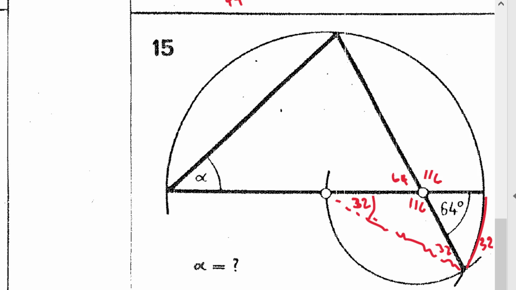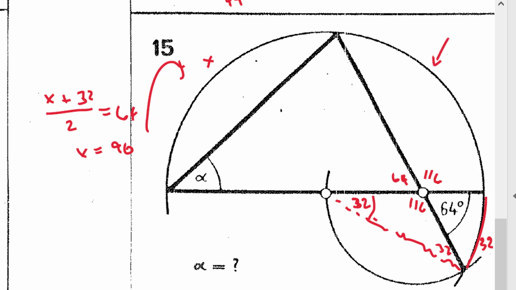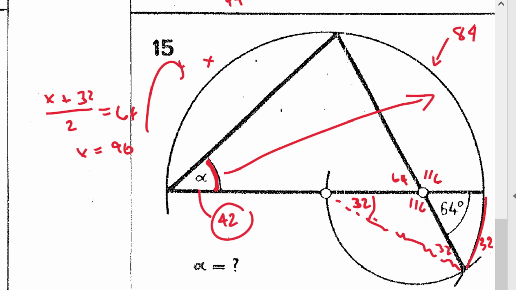Let's call this arc x. So it'll just be x plus 32 divided by 2 is equal to 64. So x ends up being equal to 96. That's going to be that arc. You know by subtracting from 180 that that's got to be 84. And then I know that this angle here, this alpha angle, is going to be half of that 84. So this must be 42 because it's an inscribed angle.